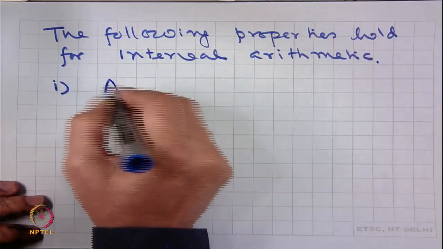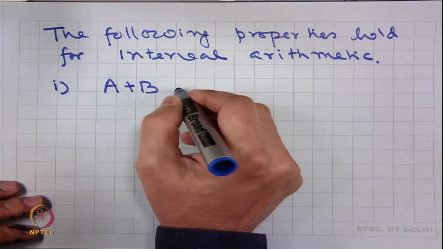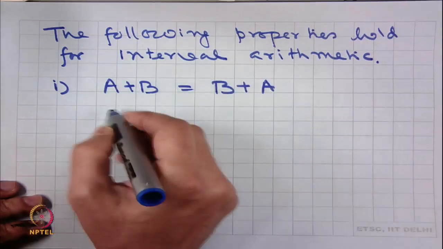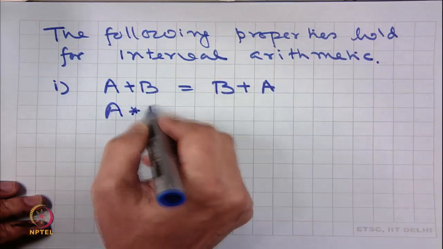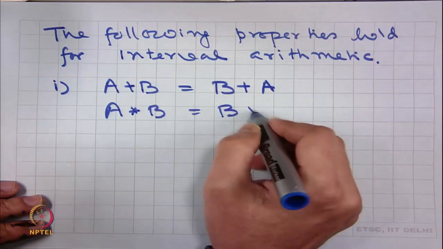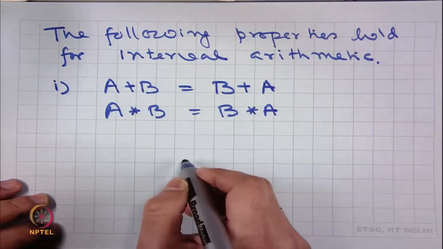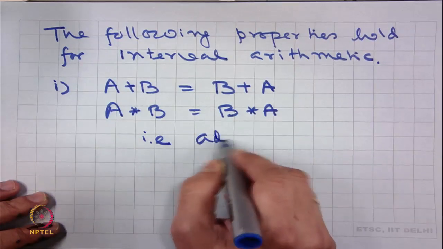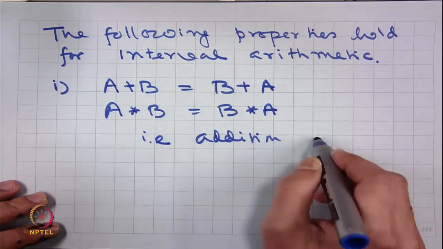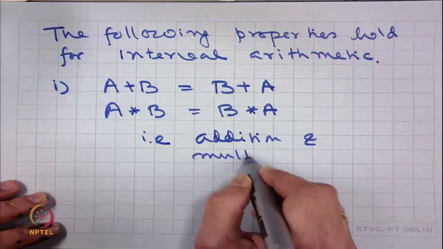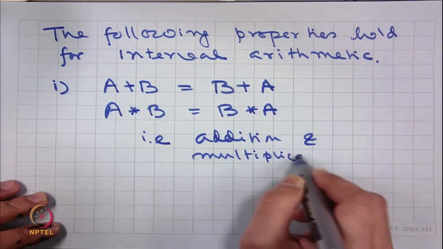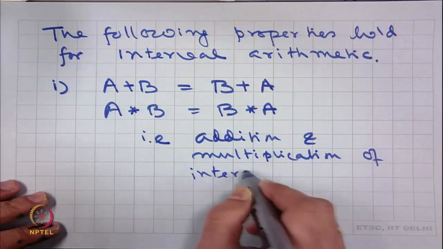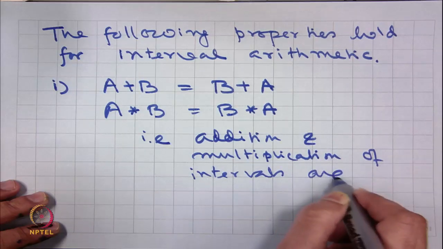One, A plus B is equal to B plus A, and A multiplied by B is equal to B multiplied by A, that is, addition and multiplication of intervals are commutative.